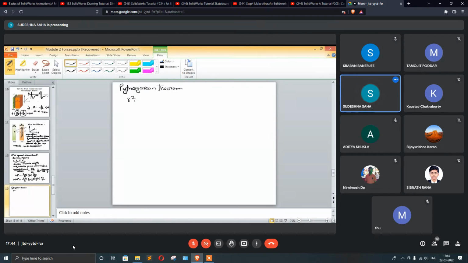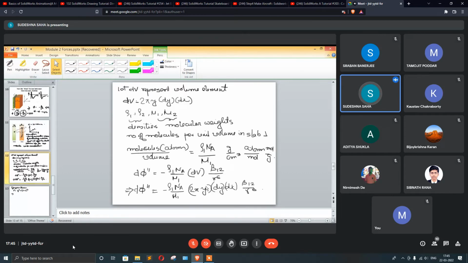We can write that r square equals y square plus z plus k whole square. So using this in the previous equation, if we put that value over here, obviously we will obtain 2 pi y dy dk into beta 12 divided by r to the power 6.